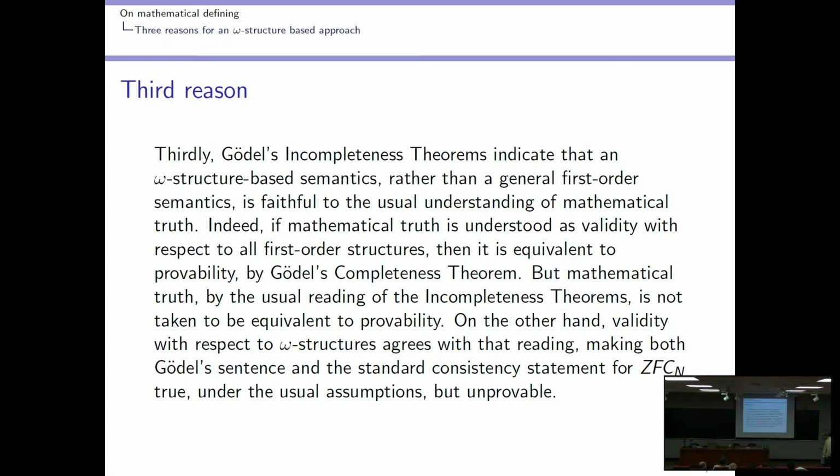This is the point of, for example, the first Gödel's incompleteness theorem, which is usually formulated as saying that there are truths that are not provable. There are mathematical truths that are not provable, because logical truths are always provable by the completeness theorem. So there are two senses of truth here that we must distinguish: mathematical truth and logical truth.